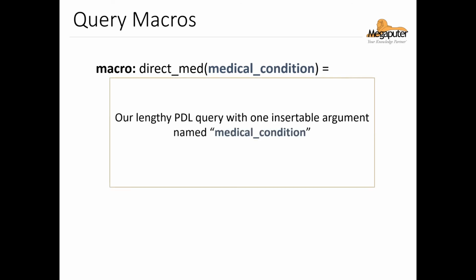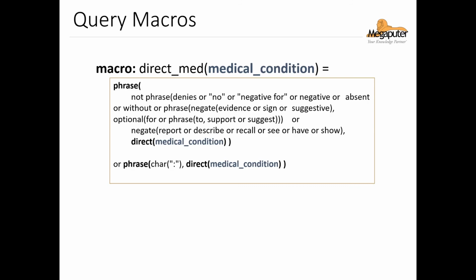So here's an example where we would like to do that. We have a big PDL query with an insertable argument called medical condition. What this is looking for is it's making sure that the medical condition is not being negated by something, like say the patient denies, or no report of headache, for example.